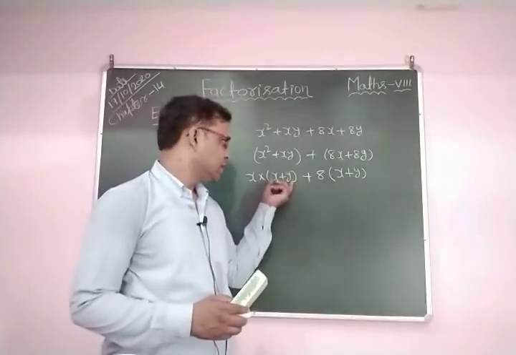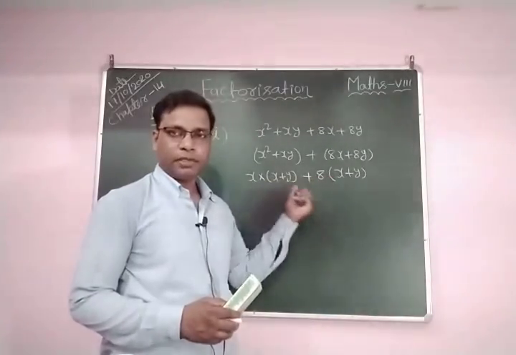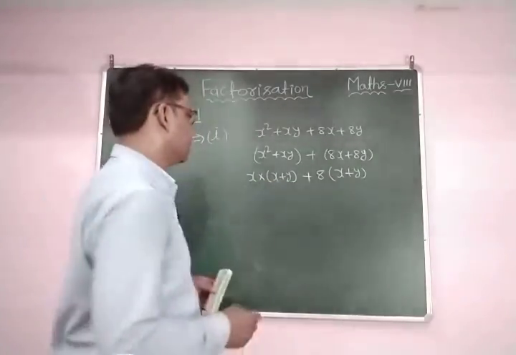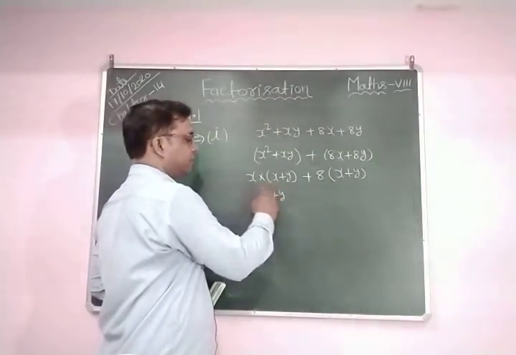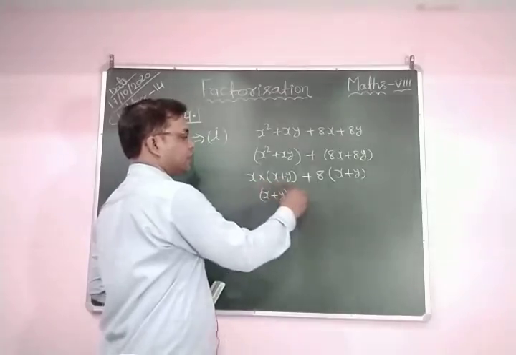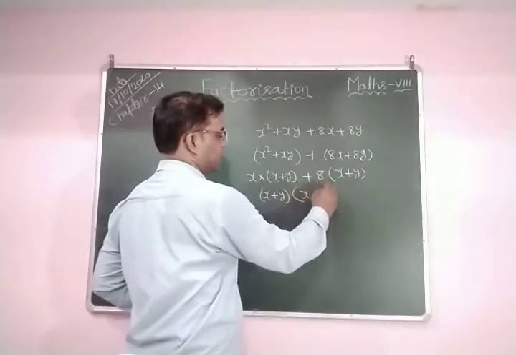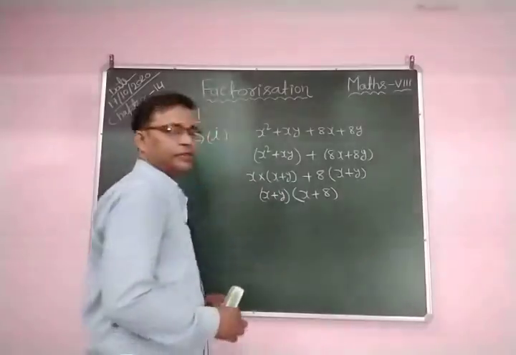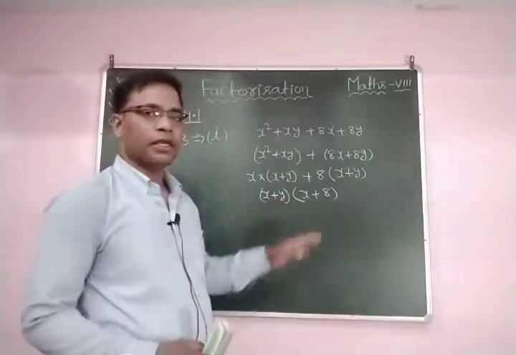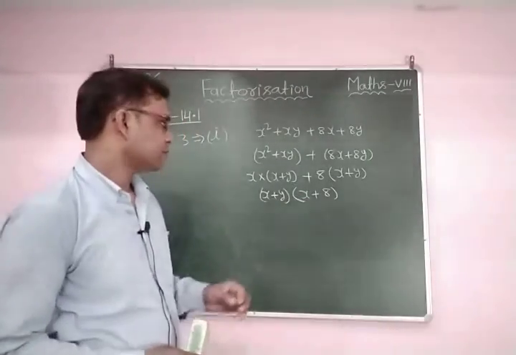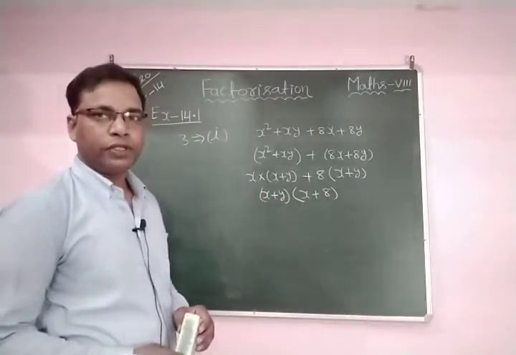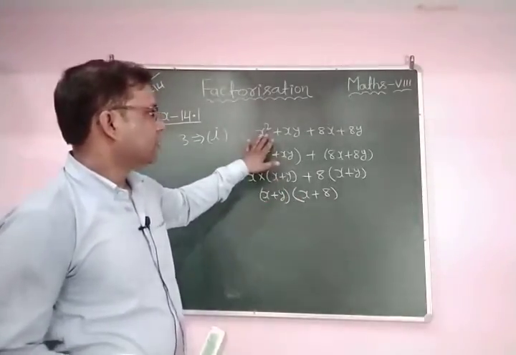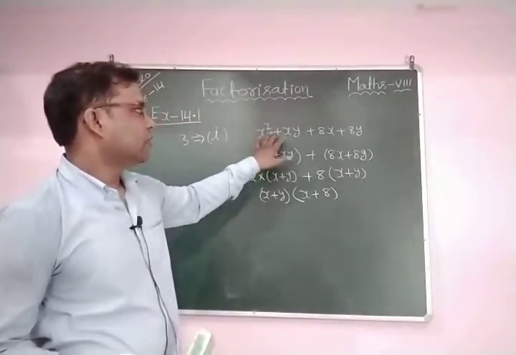If you take common x plus y, then you obtain x plus 8. Clear? X plus 8.